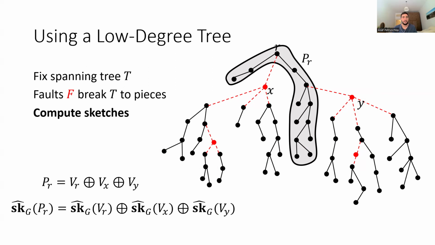So now we can use the linearity of the sketches, and this gives us a way to express the sketch of this piece, PR, by XORing the sketches of the descendant sets.